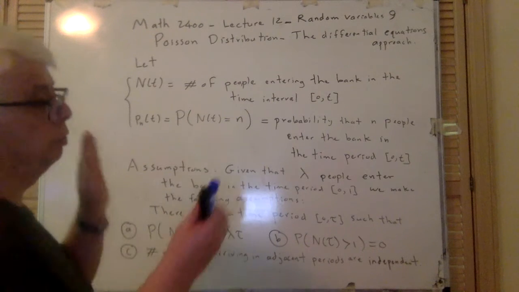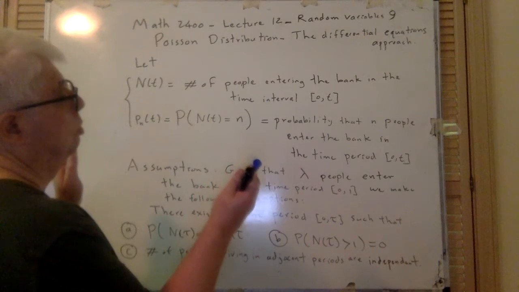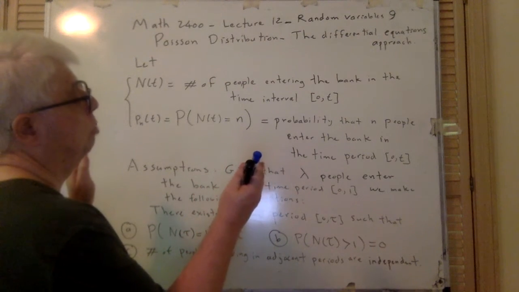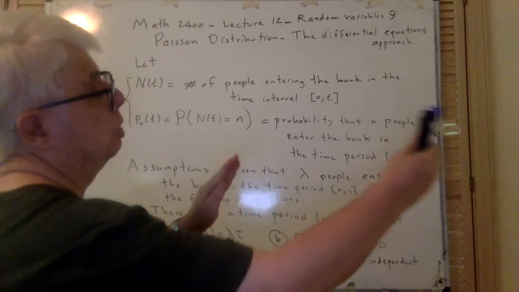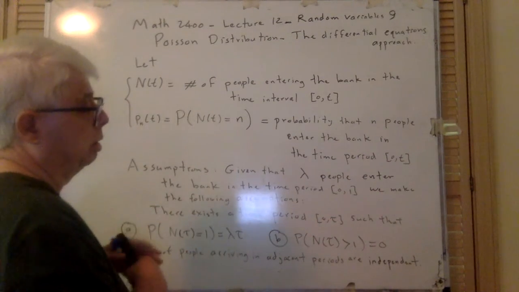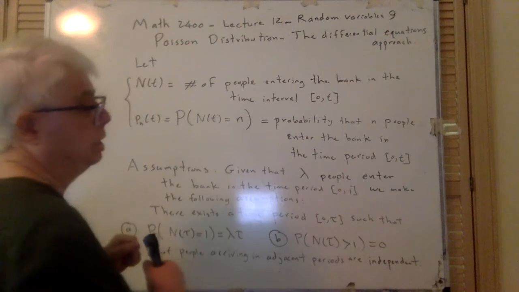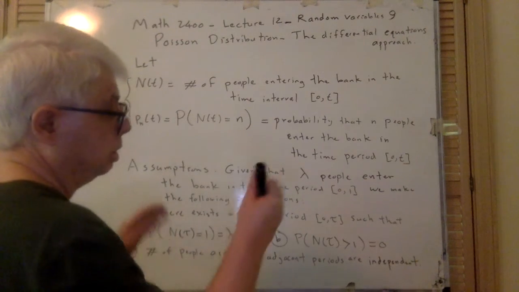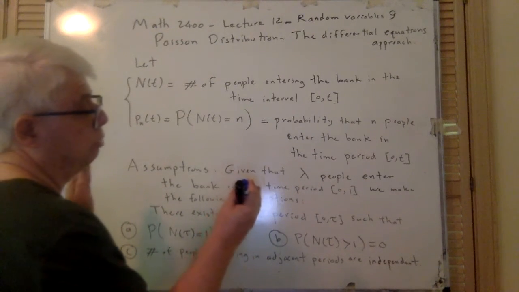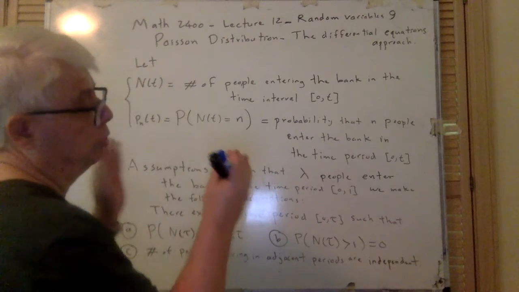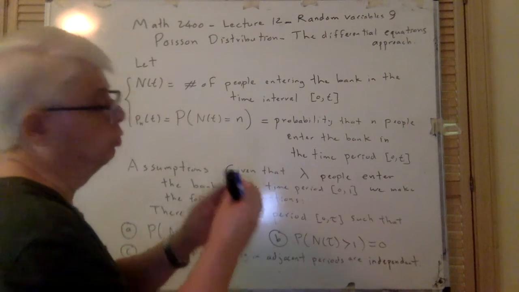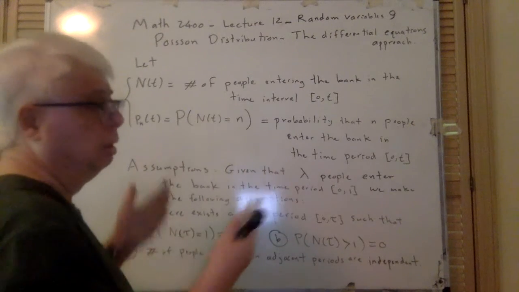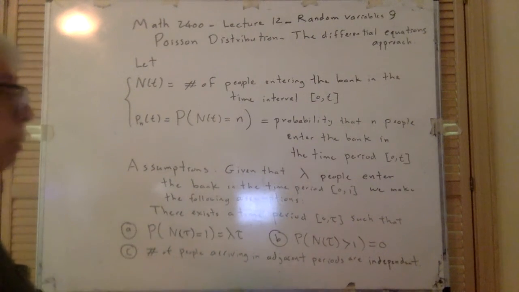So if from 0 to 5 minutes, for example, some people arrive, then from 5 to 20, the number of people arriving in the adjacent time interval is independent from the one that arrived from 0 to 5. So from 0 to 5 and from 5 to 20, or 5 to 5 point something, whatever, they are independent.